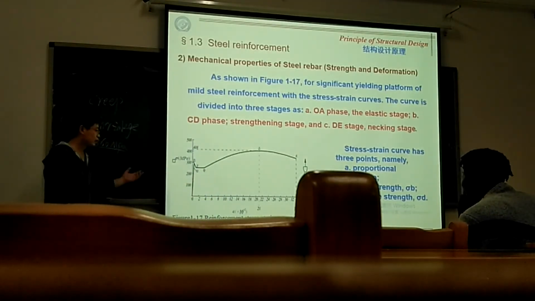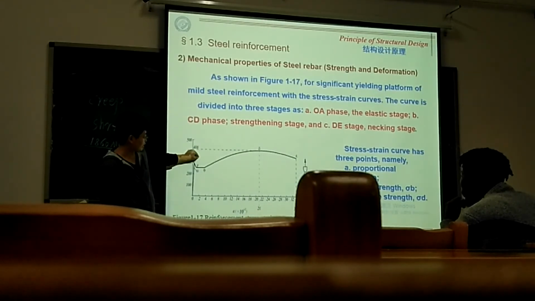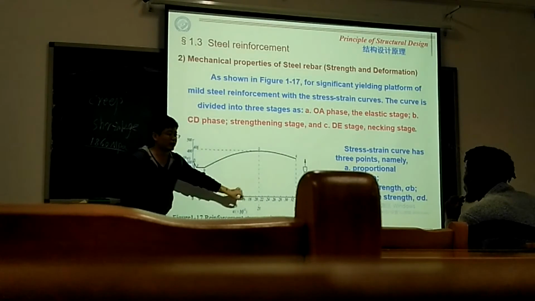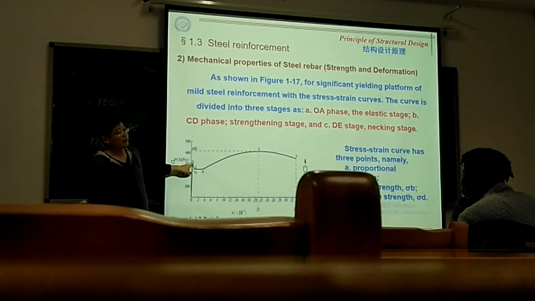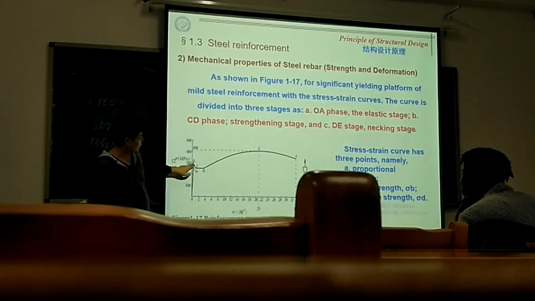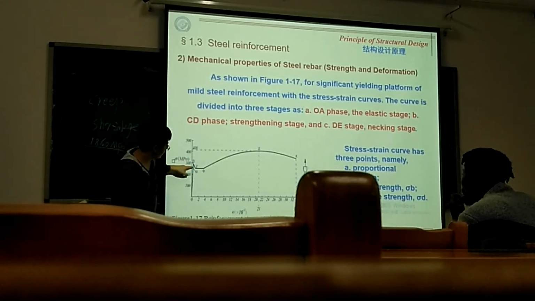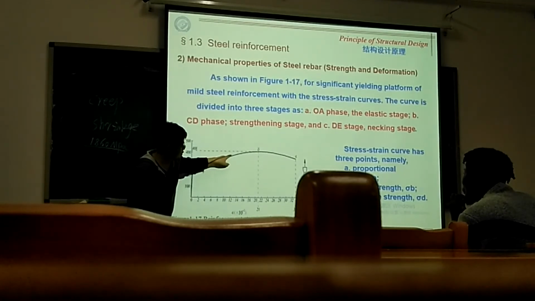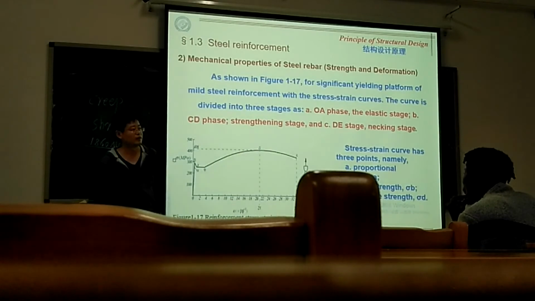So it's different. For the concrete, when you reach the high value, the maximum value, it will decrease directly. But for the steel, when you reach the high value, this is not the maximum value, and it may increase a little bit, and generally increases to the maximum value, and then decreases.